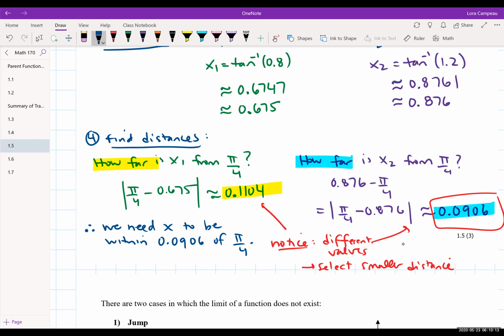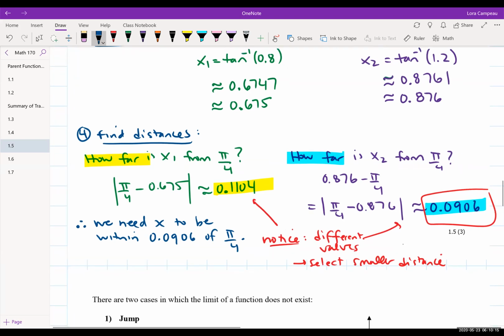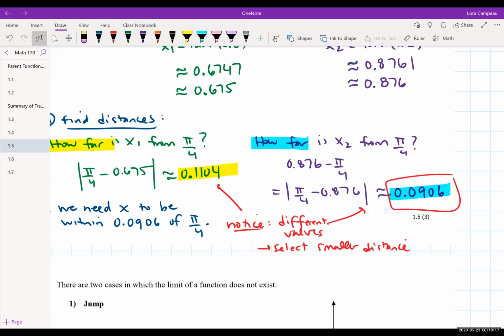Now I'll let you read into the book. Sometimes if we were to only take 3 decimal places, you would see the author not apply the proper rounding rules.